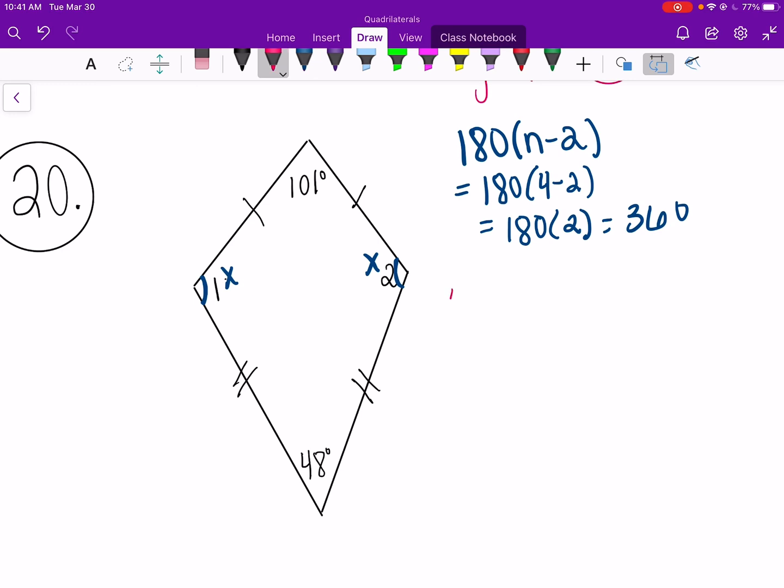So that gives me x plus x plus 101 plus 48 is equal to 360. x plus x is 2x. 101 plus 48 is 149.